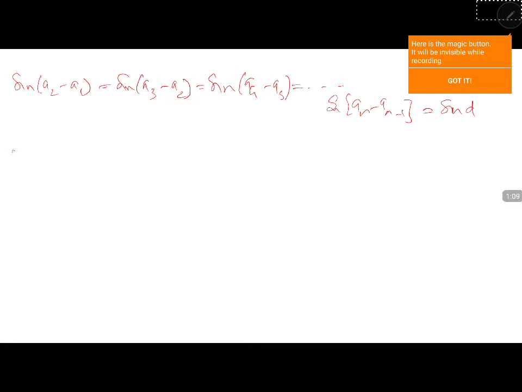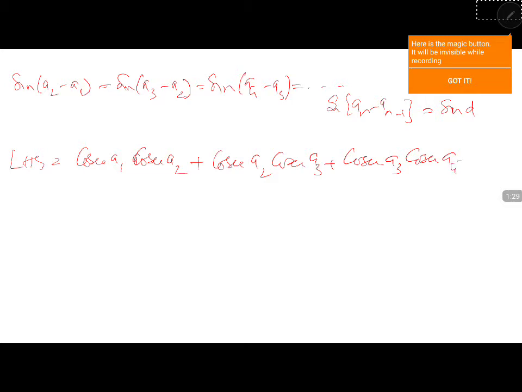So what is given? LHS is equal to cosecant A1 cosecant A2 plus cosecant A2 cosecant A3 plus cosecant A3 cosecant A4. It goes on like this up to cosecant A(N minus 1) cosecant AN. Convert that into sine.